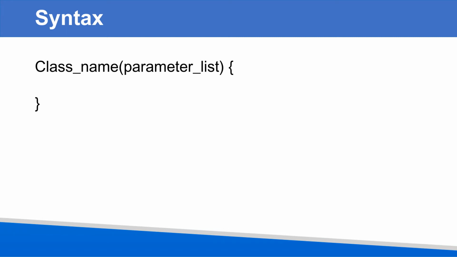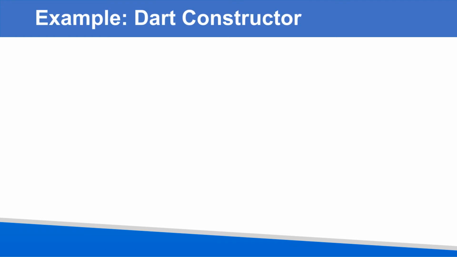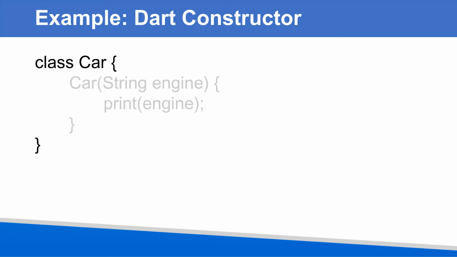So here is the syntax of the Dart constructor. The class name, then the parameter, open and close curly braces. And here is the example of the Car class. So in our example, we created a Car constructor inside of the Car class.